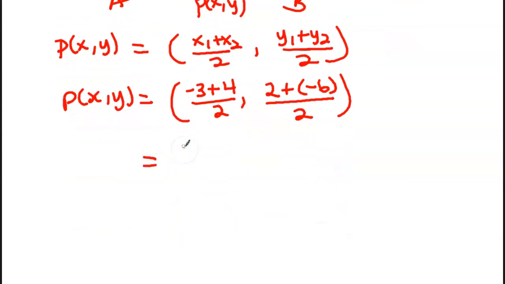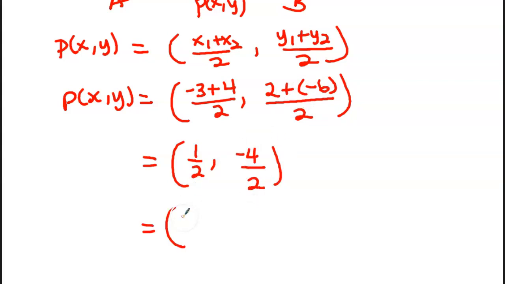So we have -3 plus 4 is 1, on 2. Then 2 plus -6, we have -4 on 2. This we can't go further. So -4 on 2 is -2. So that will be the midpoint.